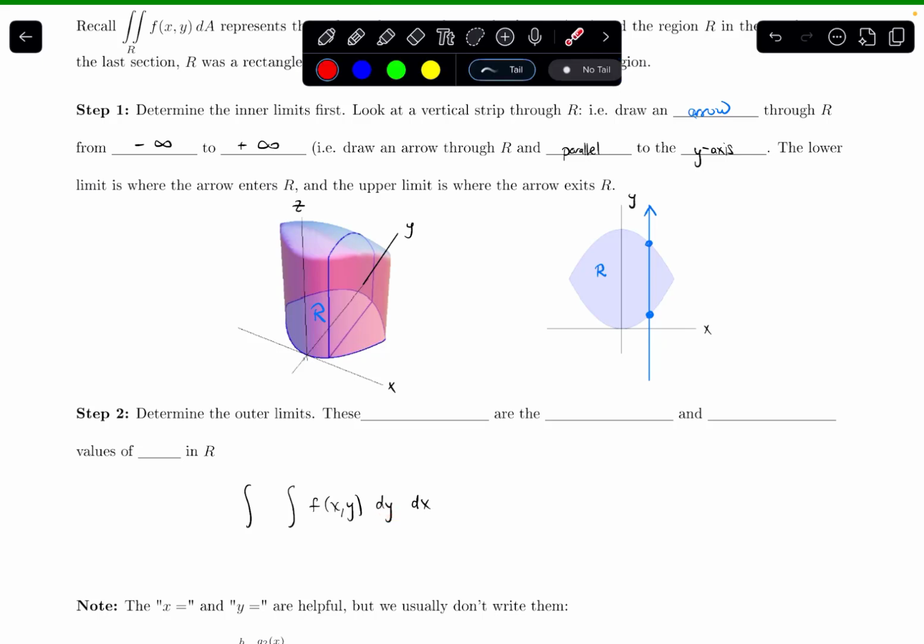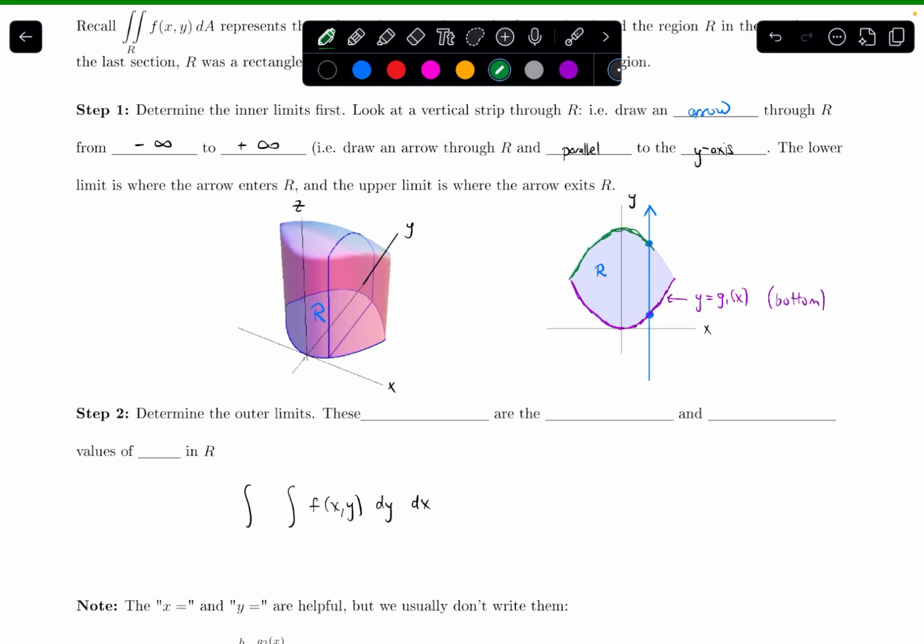So when I do that, there is some bottom function based on this region. I'll trace that out. Some bottom function. I'll label the bottom function y equals g1 of x. That's the bottom one, the bottom function. And then there's this top function, which I'll trace out in green.